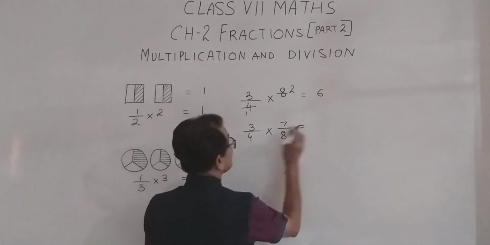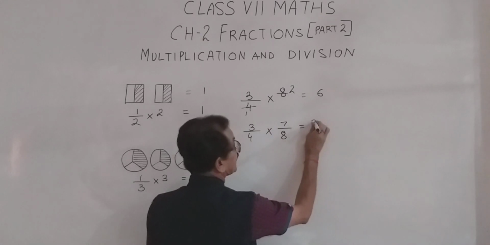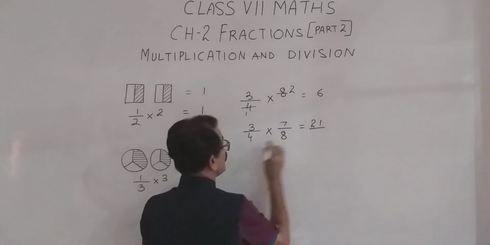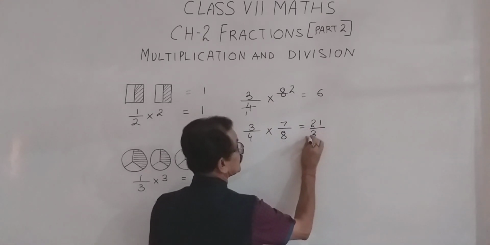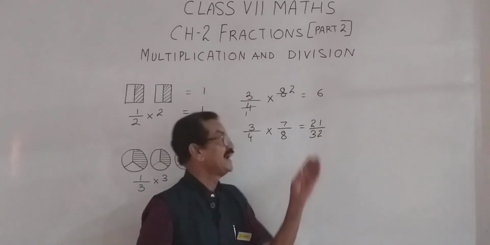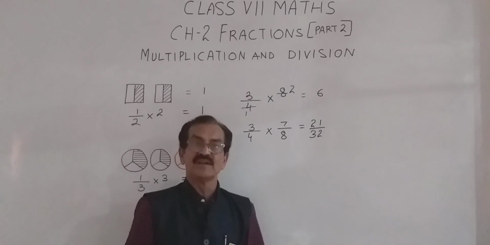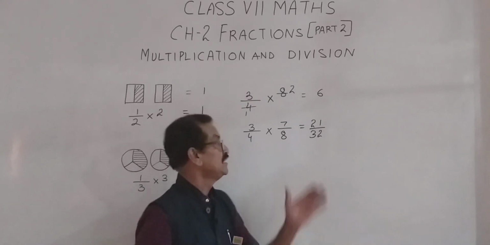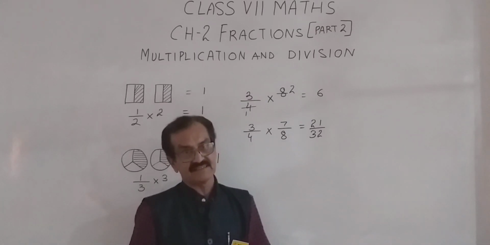So, we multiply the numerators to get 21 and the denominators to get 32. Since this is a proper fraction, where the numerator is smaller than the denominator, the answer remains like this.